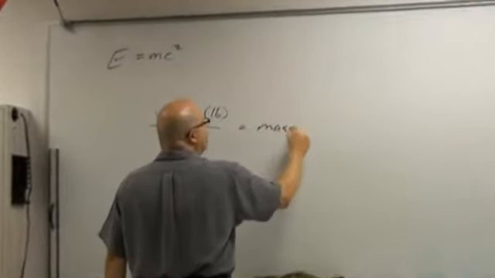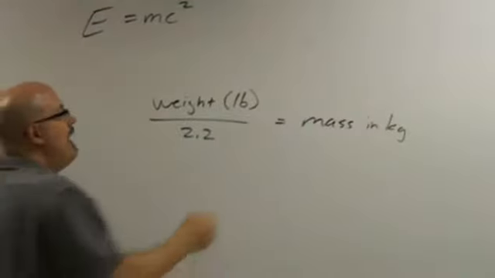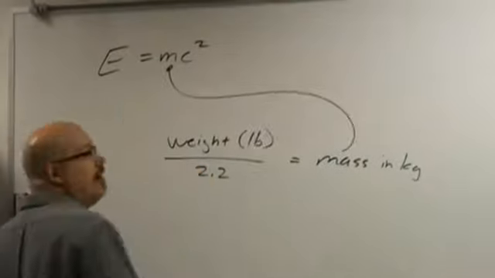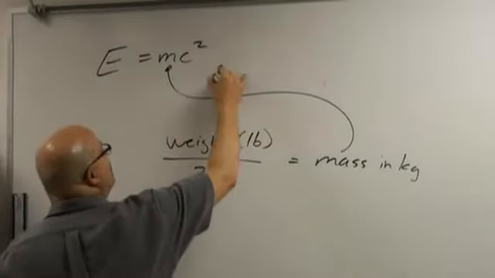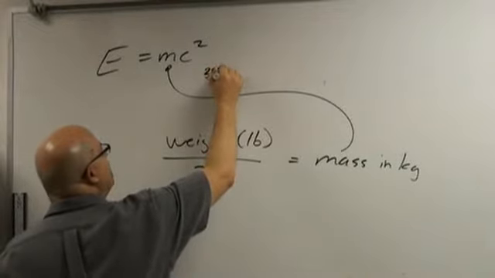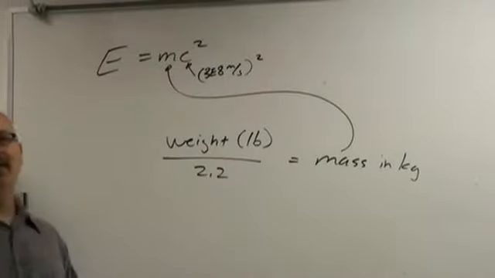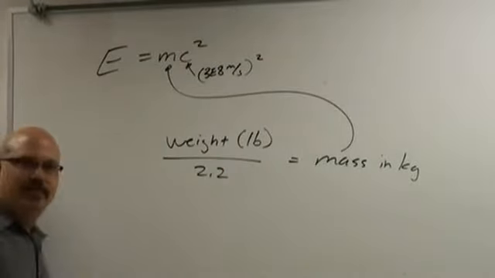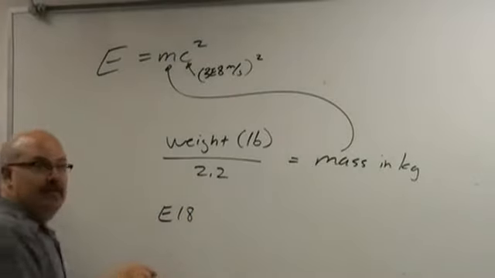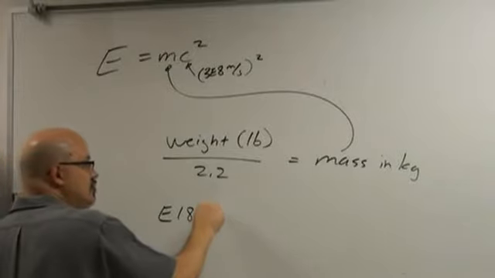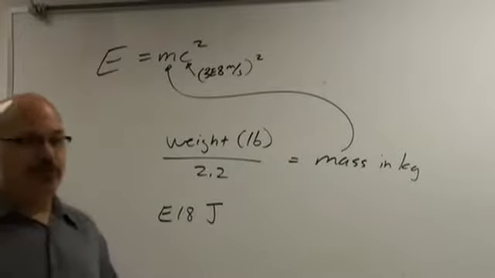Now, take that mass in kilograms, plug it in here, and then plug in c squared, which is 3e8 meters per second, square it. And then give me just the order of magnitude of your energy. 18. E to the 18th joules, right? E to the 18th joules.